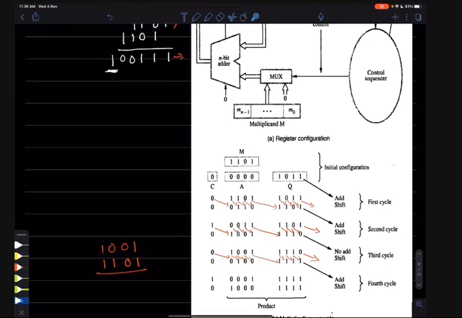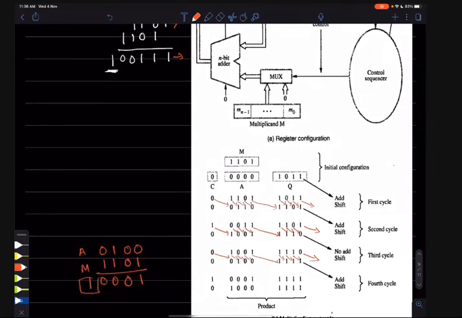I have done something wrong here. So the addition content, A content is 0100, that is the content of A. The content of A will be added with the content of M. So this is the A content, this is the M content. Whenever they are added, the result will be this one.